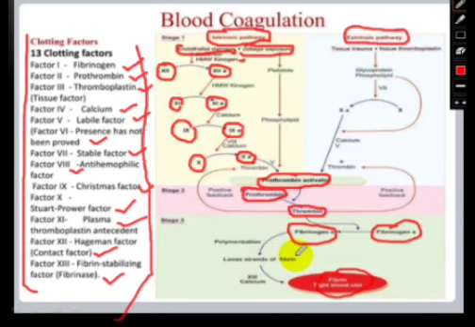And this active fibrinogen will now form a loose strand of fibrin. It is this loose strand of fibrin that will now be converted to a tight strand of fibrin.